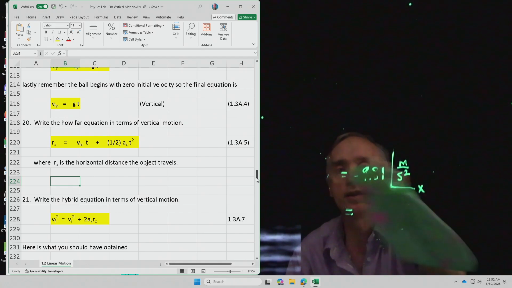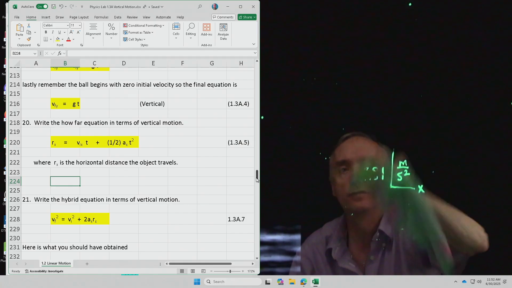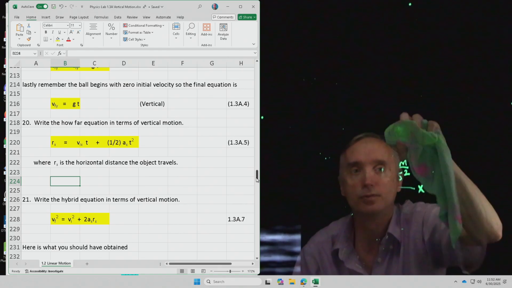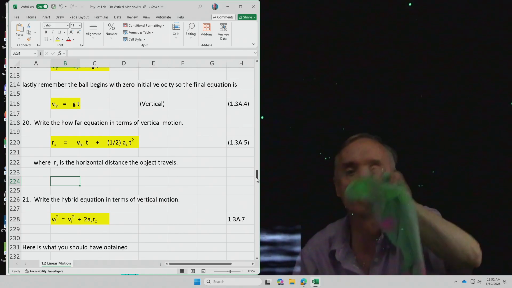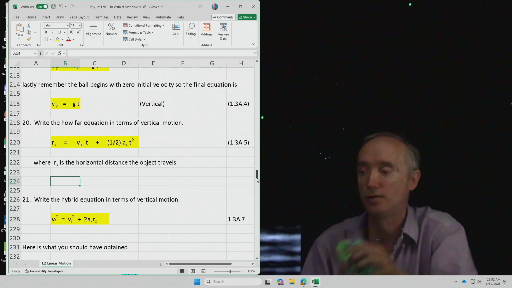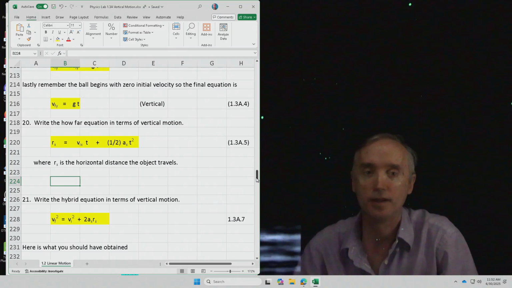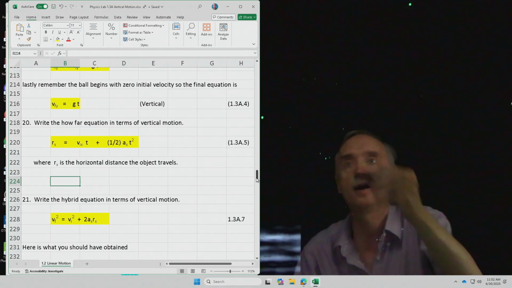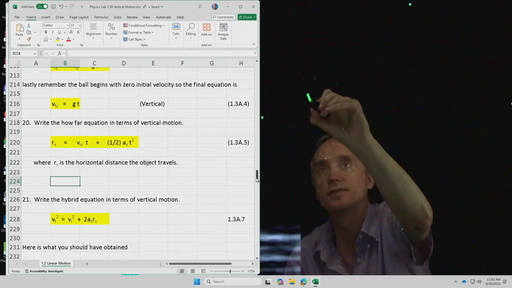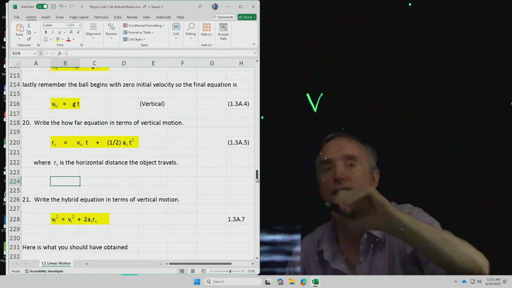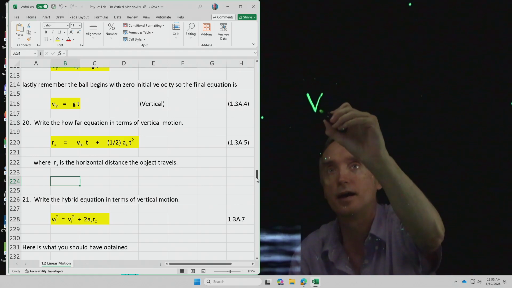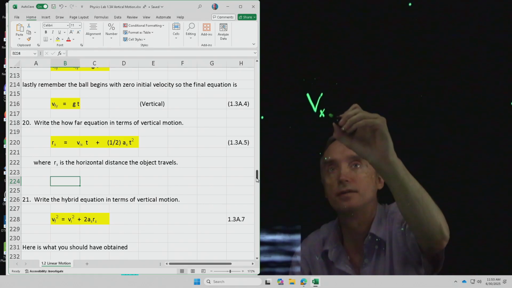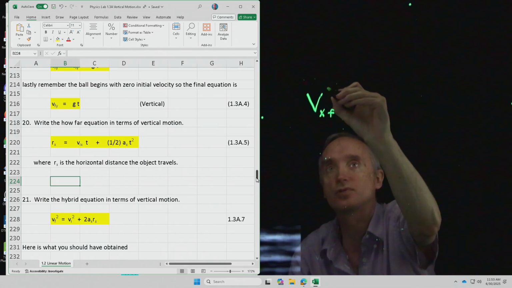So you should have an equation for the how fast when it's going up and down, and then you should have an equation for the how far, and then we've got the hybrid. The hybrid was the one that said the velocity, and now if we were going sideways, it would be X final squared.